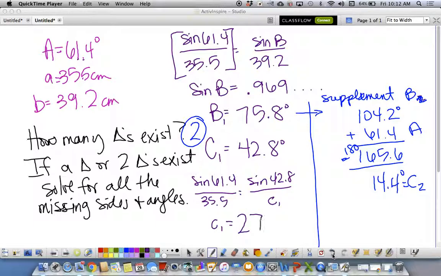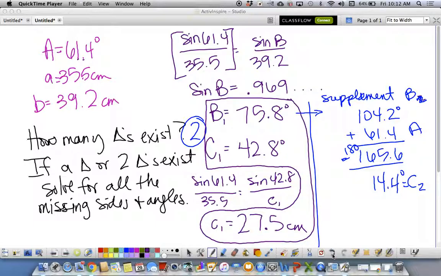We would say 27.5 centimeters. I know you as students would circle something like that. That's why it makes me laugh to do it. If I were circling my answers for triangle number 1, I'm given two sides and an angle, and I find the other two angles and the third side.